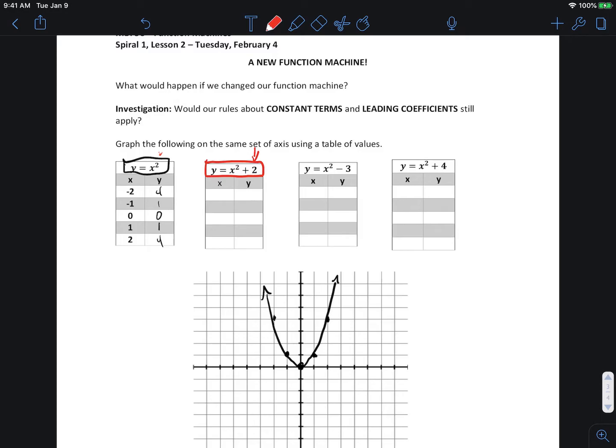And then you can confirm that. I'll fill out the table afterward, right? But remember we said I'm going to use the same values for x across all of these. So I'm going to take each of these points and move them up 2, 1, 2. And then this one's going to go 1, 2, 1, 2, 1, 2, 1, 2, right?